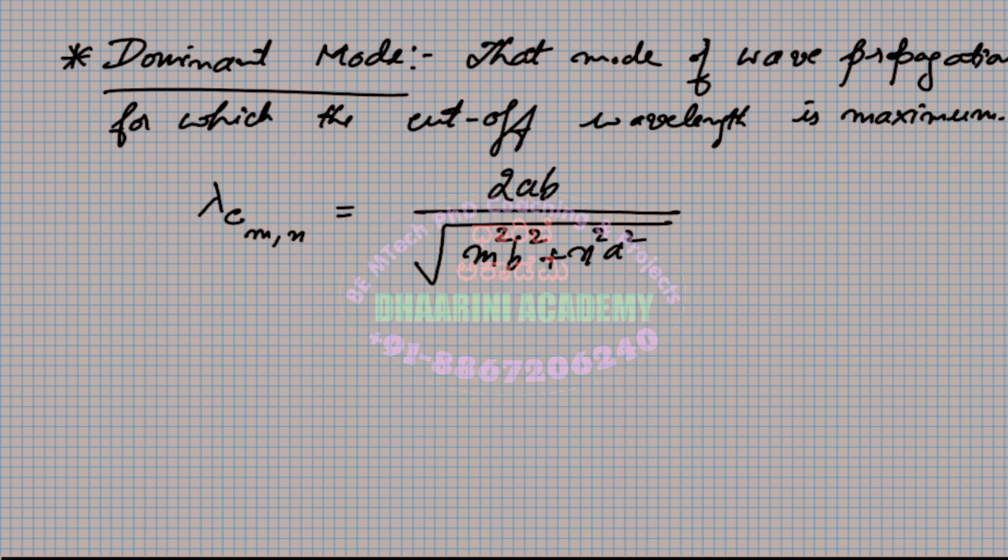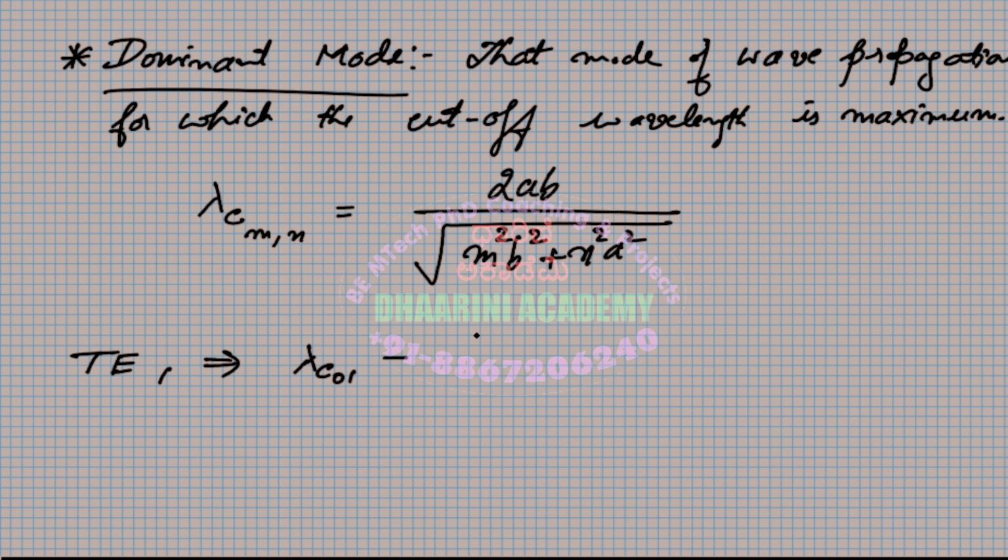Let us substitute and get the cutoff wavelengths of the various possible modes. First I want you to calculate the TE01 mode, in the sense m is equal to 0. I'm going to call that lambda cutoff for 01. Since m is 0, the m part will not come into the picture. Only the n part remains, with n equal to 1 and m equal to 0.